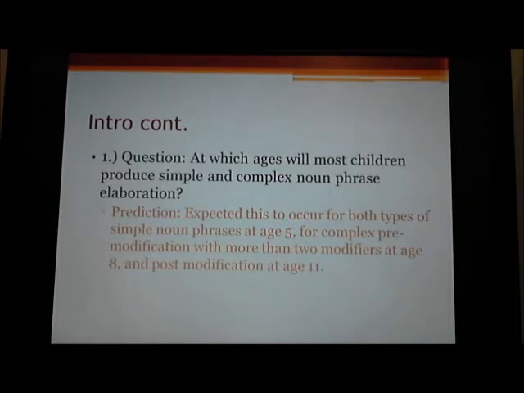I'm going to go into more detail on what simple and complex noun phrases are and what pre- and post-modification means a little later on. Also, ENPs contribute to the explicitness of character and object descriptions within a narrative.